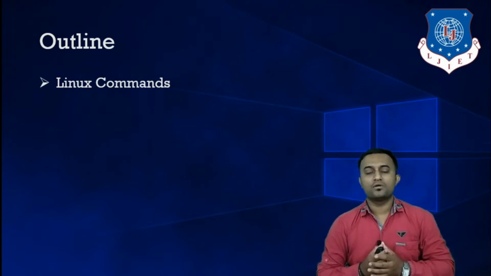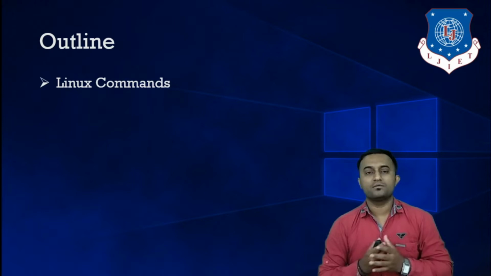The second option is for those who are already using the Windows operating system and don't want to use a dual operating system, those who are not interested in formatting the existing OS and then installing a dual operating system. Such students can go for the second option.